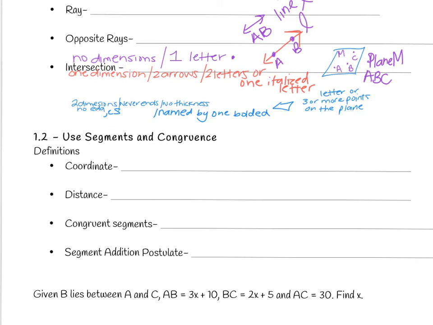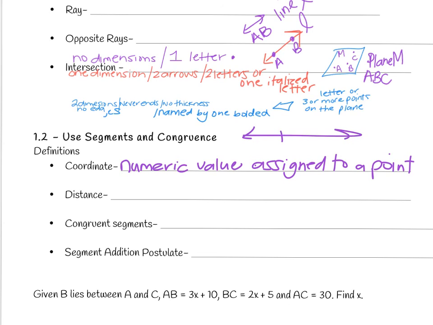The coordinate is the numeric value assigned to a point. So if I had this along a line segment and this said A and this said 1, then my coordinate is 1. It's the numeric value.